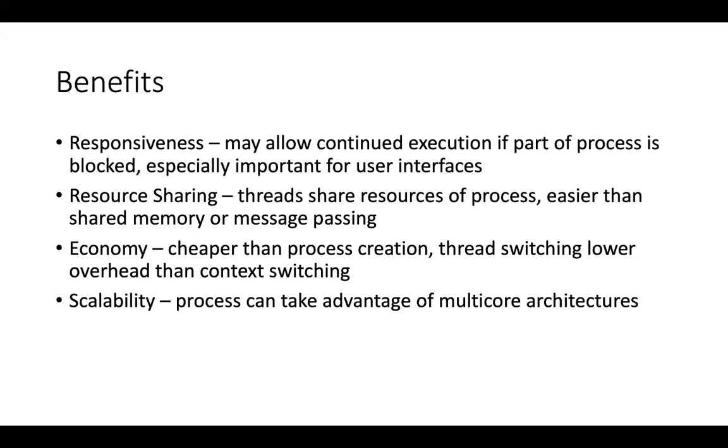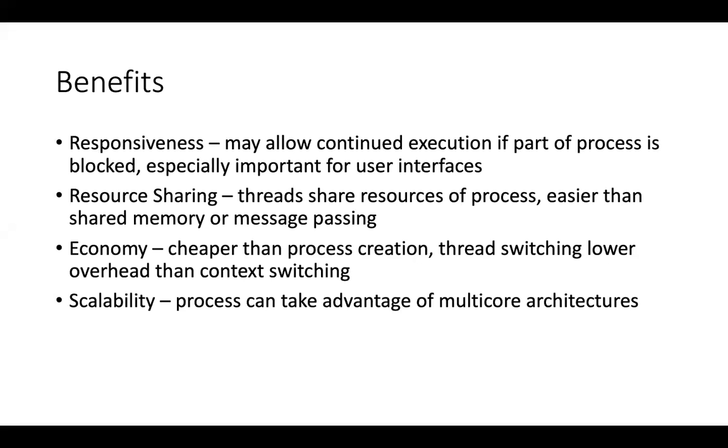Then another benefit is resource sharing, where you have threads sharing resources of a process, and this is easier than the shared memory or message passing that we looked at yesterday.